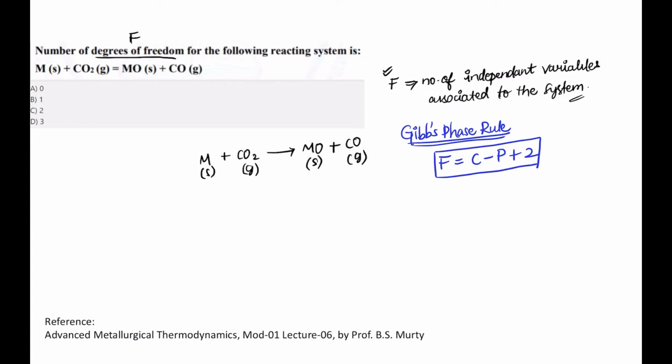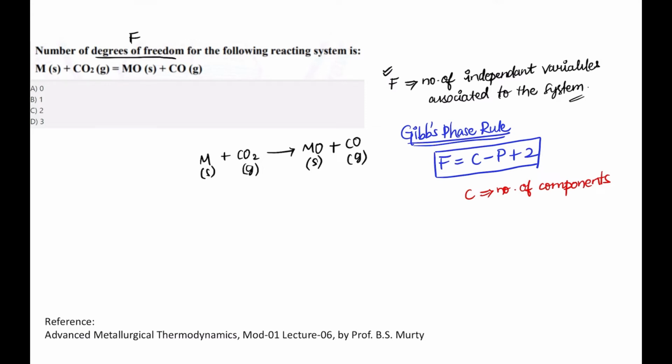So as I just mentioned, F is nothing but the degree of freedom. C is nothing but the number of components present in my system. Again, what is a component? A component is nothing but the number of chemically independent constituents that you have in your system. Let's say if you have one component, we call it a unary system.